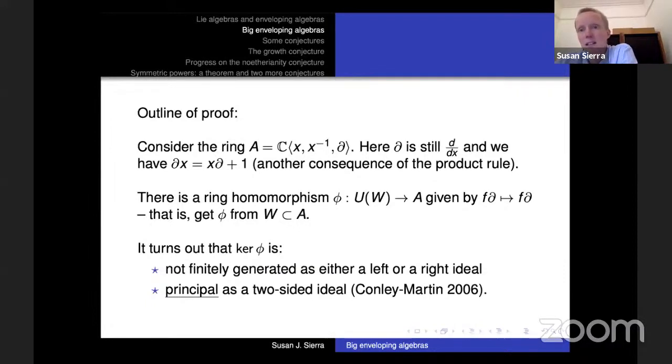But interestingly, if I look at it as a two-sided ideal, then it's principal. It's generated by a single element as a two-sided ideal. So I want you to keep that contrast in mind. You need infinitely many generators as a one-sided ideal, but you just need one for a two-sided ideal.